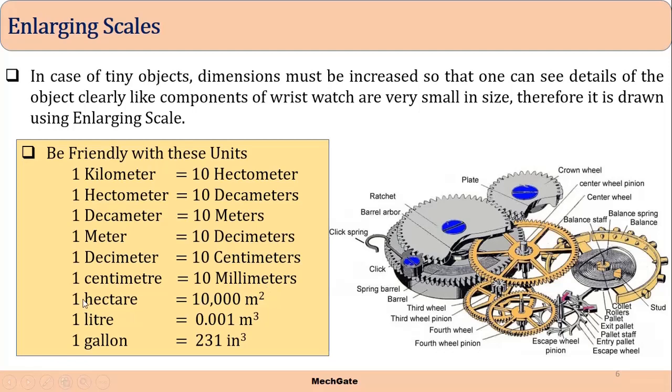This is the unit of area: 1 hectare equals 10,000 meter square. The last two are units of volume: 1 liter equals 10 raised to minus 3 meter cube, and 1 gallon equals 231 inches cube. You have to remember these unit conversions, because we are going to use them while constructing the scale.